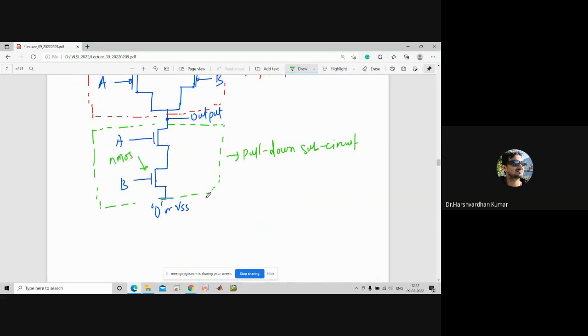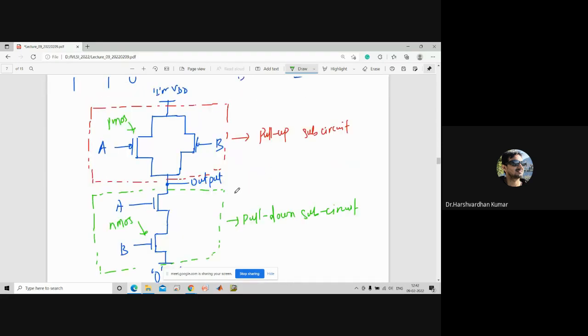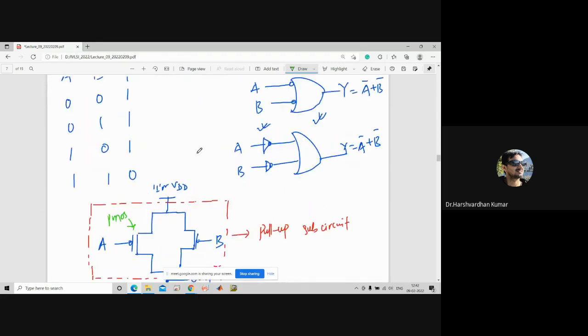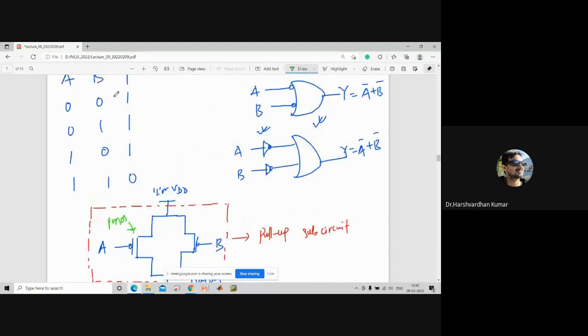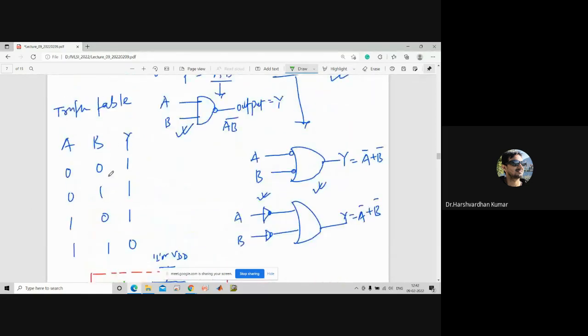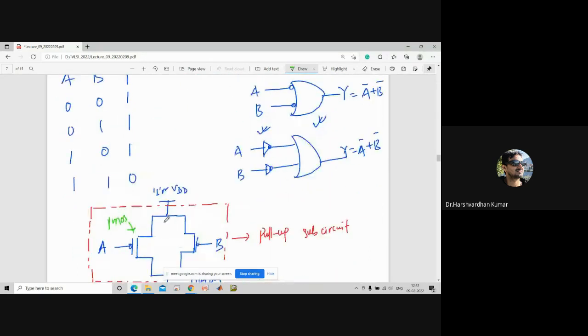Okay, so how can we understand the output? Let us see, this is the NAND gate, right? We know very well the truth table. Let us say we already supplied the VDD at logic 1. This is fixed, it is not going to change.